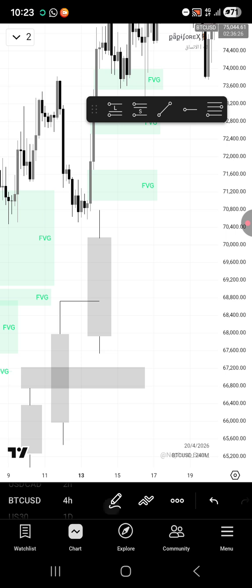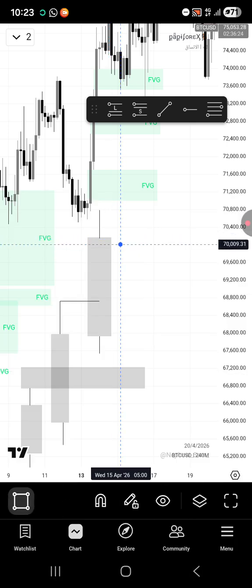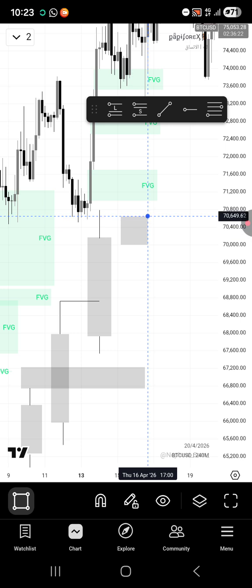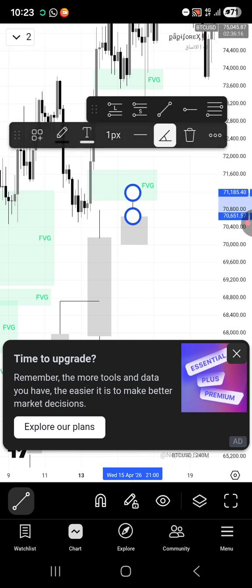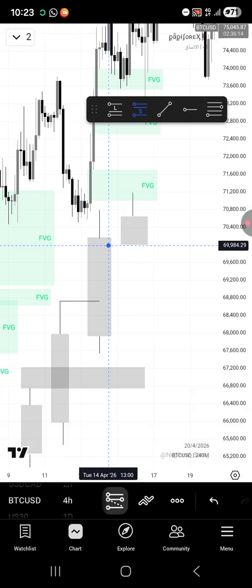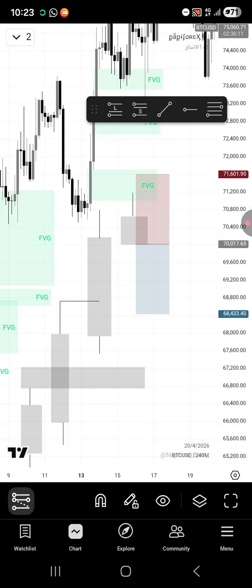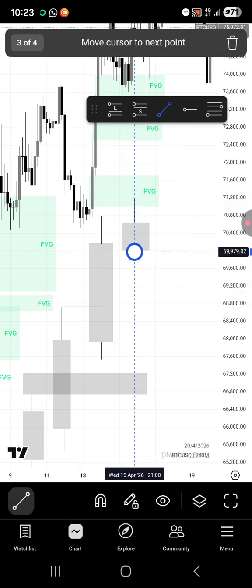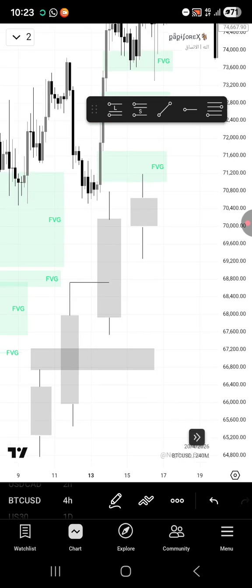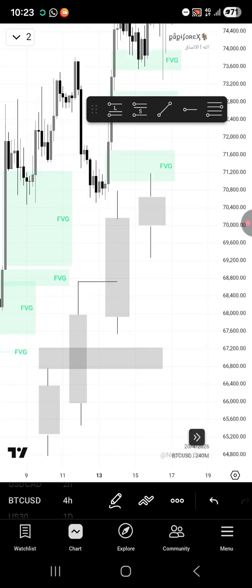Instead, price can just give another fair value gap, which I will call, on the third candle, the consolidation fair value gap. You understand? Because this candle now is being neglected, like it's a breakaway gap already, because the third candle gives another expansion.